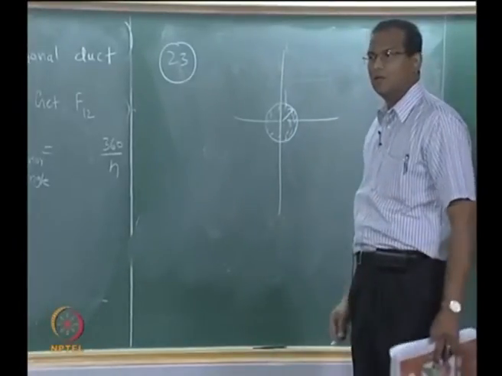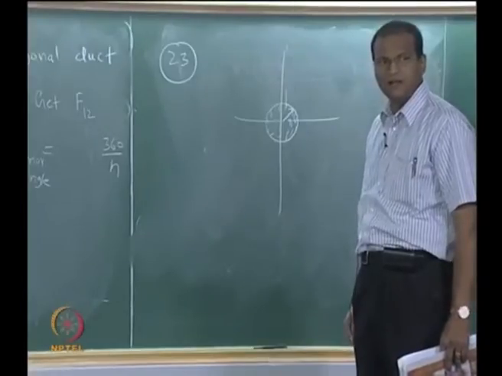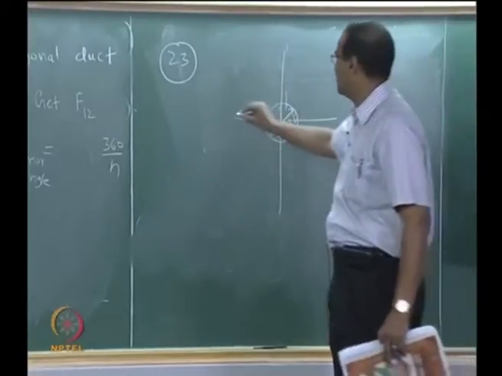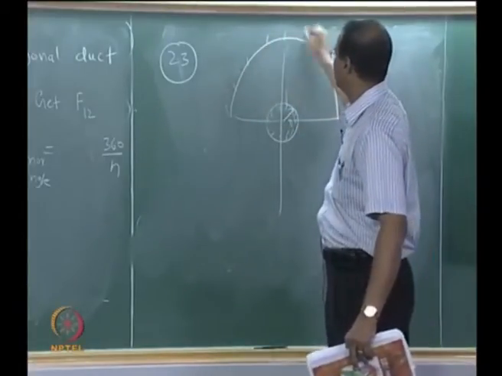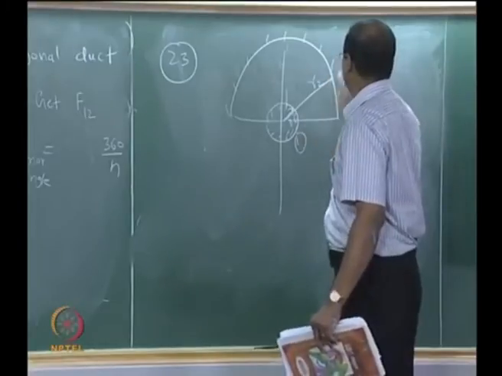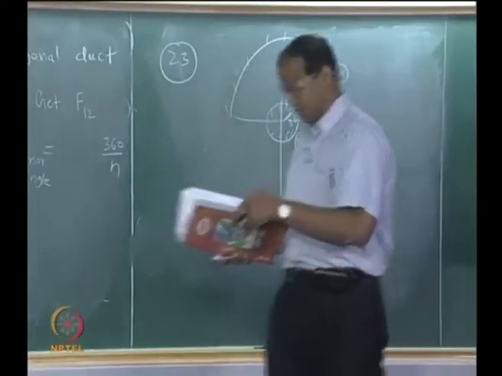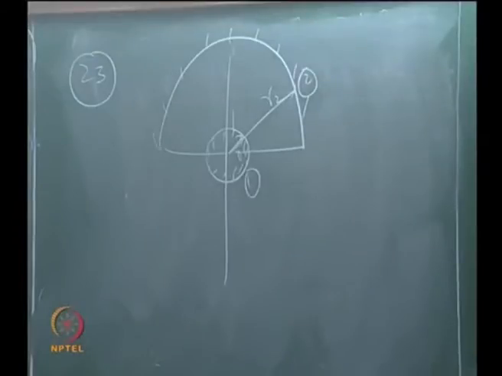Now it is closed by another concentric cylinder, but unfortunately the other one is only half. So please get all view factors.